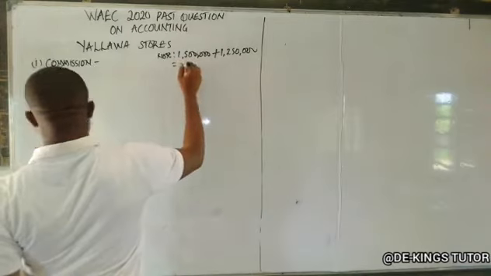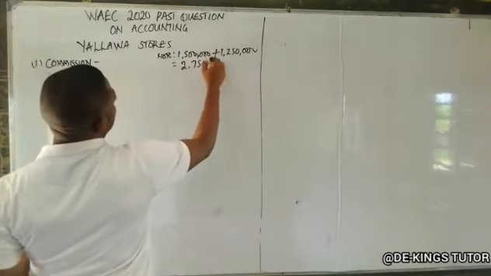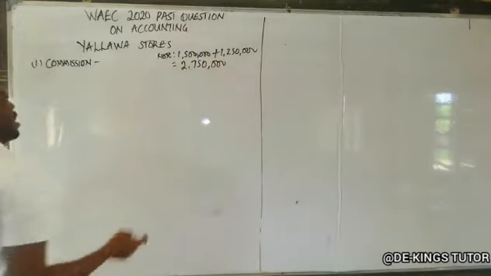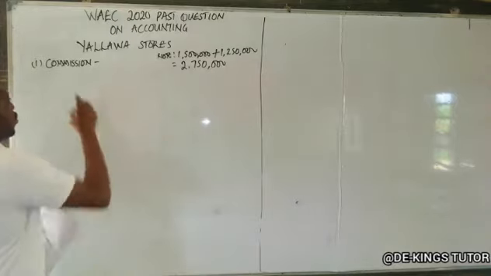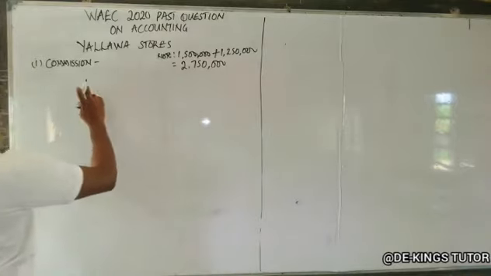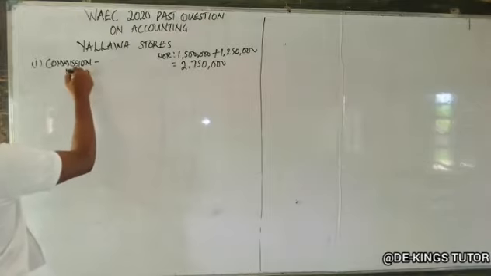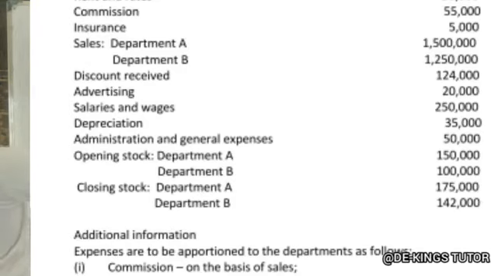So for Department A, the commission amount is 55,000.